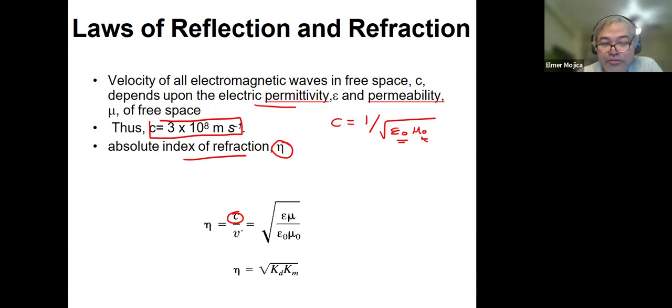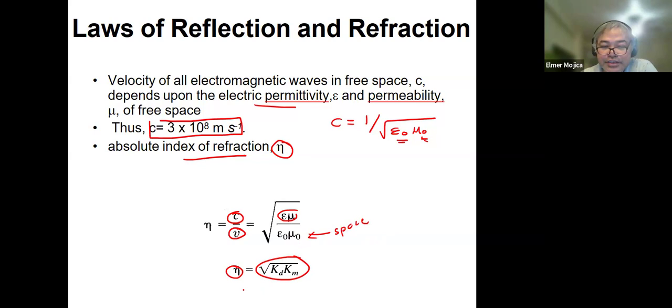Or if you discuss it in terms of permittivity times permeability of a given matter over permittivity and permeability of the free space. Or if you simplify it, this is what you get. This one would refer to the space.